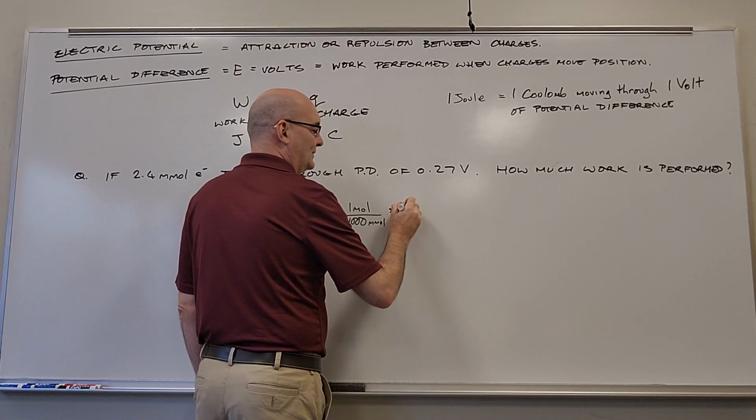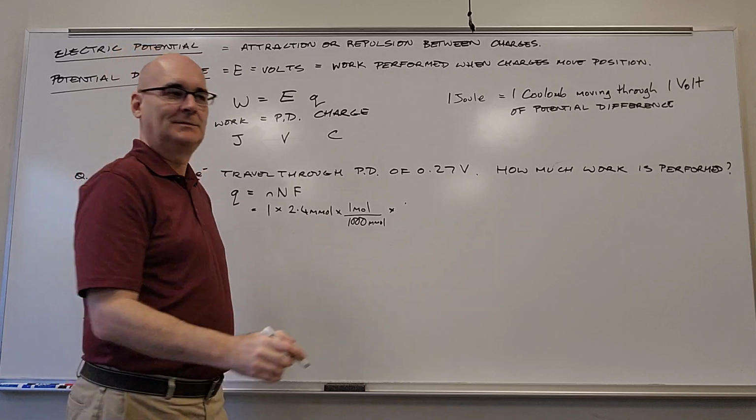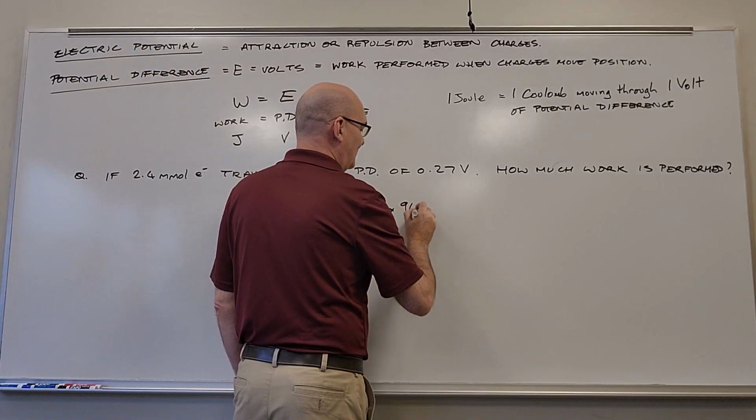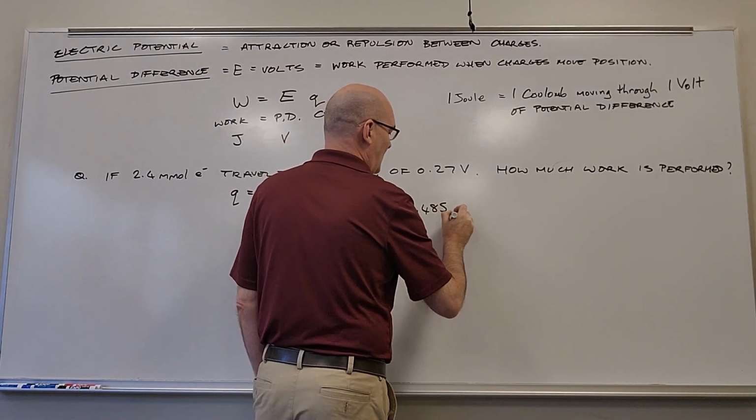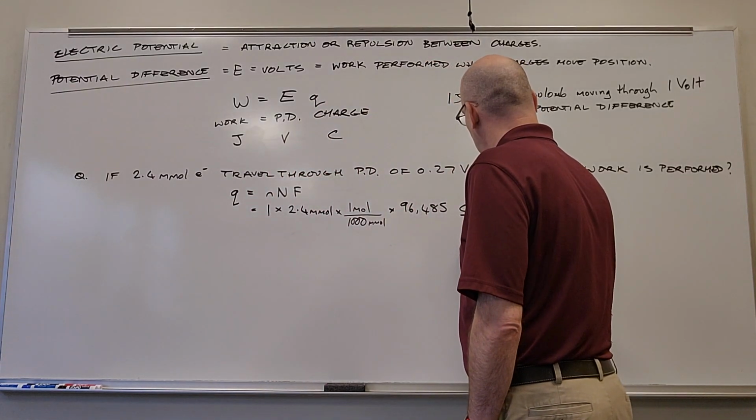Multiplied by Faraday's number, which we should be able to remember at this point. 96,485. All right, coulombs per mole.